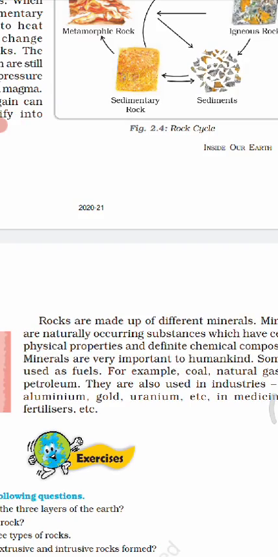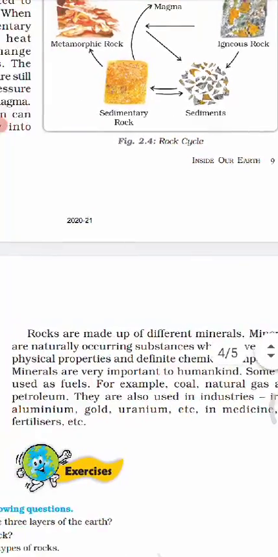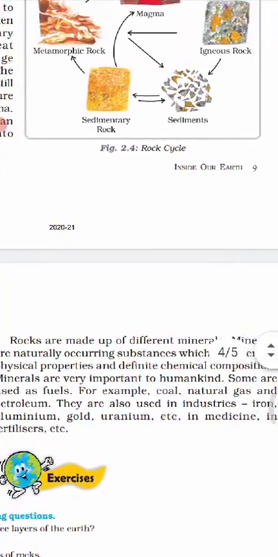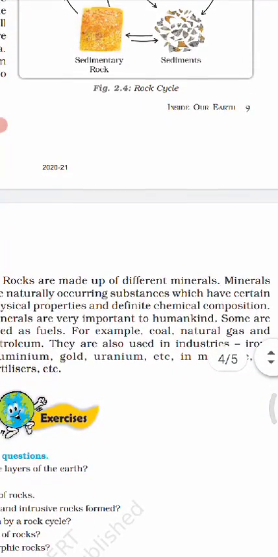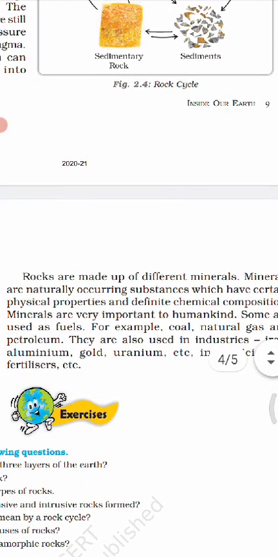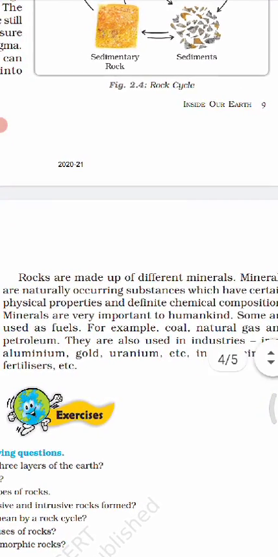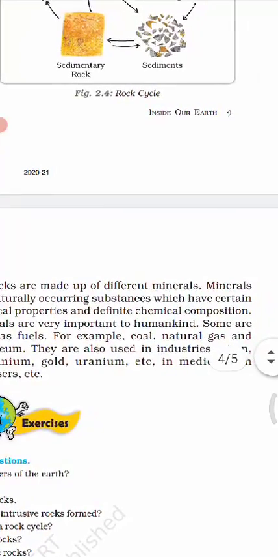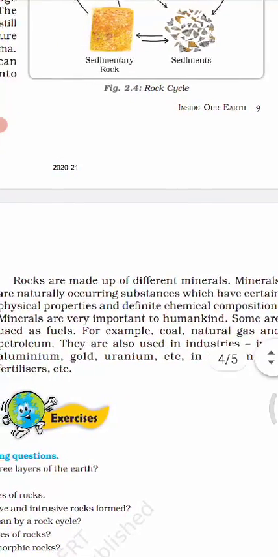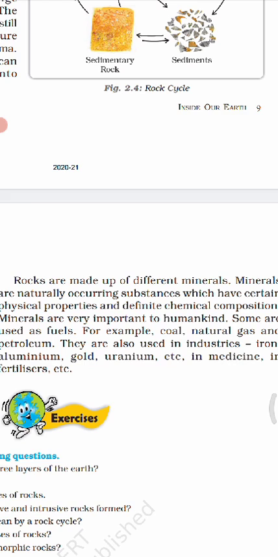Rocks are made up of different minerals. Minerals are naturally occurring substances which have certain physical properties and definite chemical composition. Please underline this line. What are minerals? Minerals are naturally occurring substances which have certain physical properties and definite chemical composition.